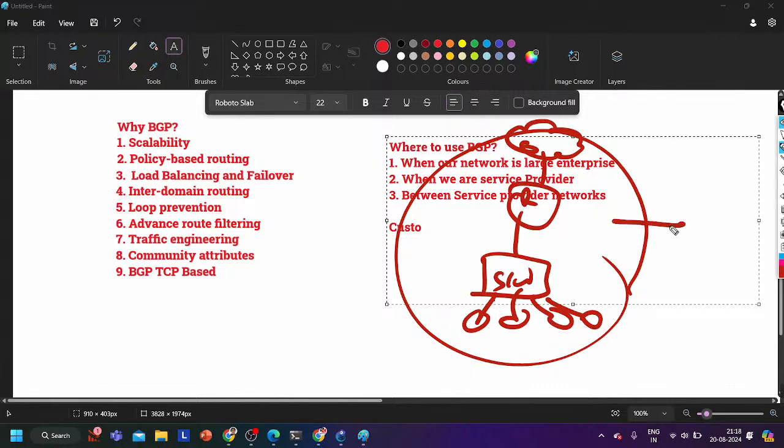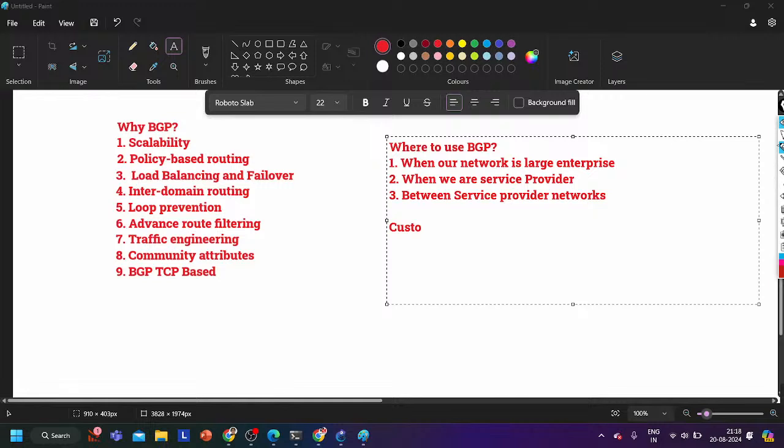But is this design sufficient for an enterprise company, guys? If you have something very important in your internal network, if you have a critical application, no, because there is no redundancy.